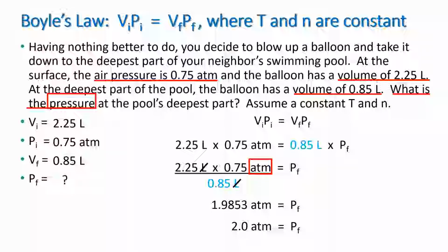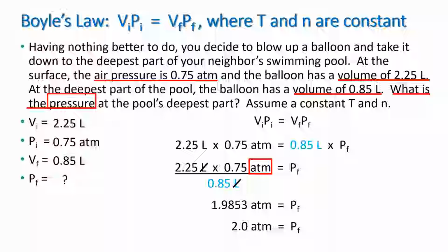Now, to review, what we've done with these last two problems is we first of all identified that we're using Boyle's law. That is, we have a problem where we have the changing variables of pressure and volume. And then second, we identified our known variables and which one is the unknown variable.